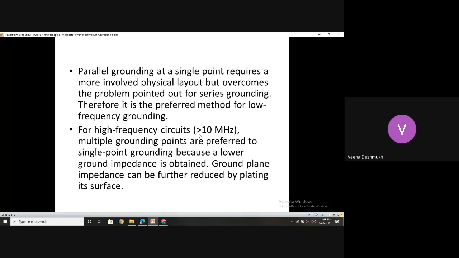Especially for high frequency circuits, multiple ground points are preferred to single point grounding because a lower ground impedance is obtained if you make use of multiple grounding. So multiple ground helps in reducing the impedance.